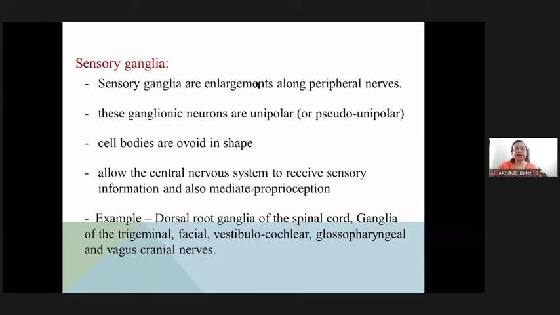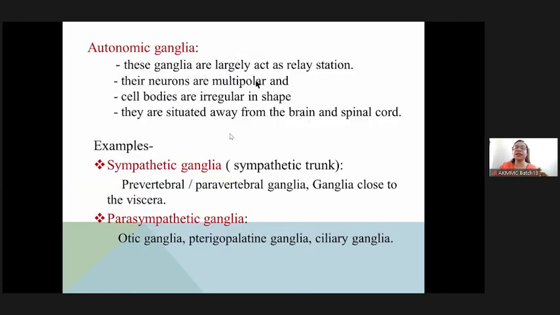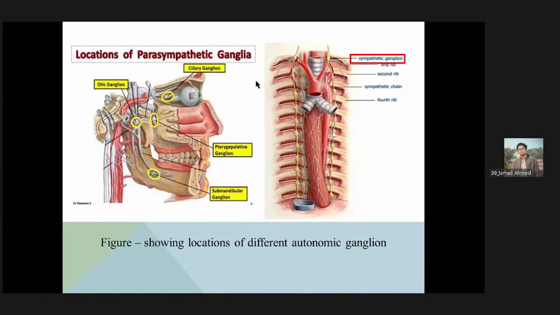We learned this. Next, the other ganglia, where do we find them? What are these? Spinal nerve trunk on both sides of the vertebral column. Sympathetic trunk, or sympathetic chain, which contains ganglion, a bead-like structure.